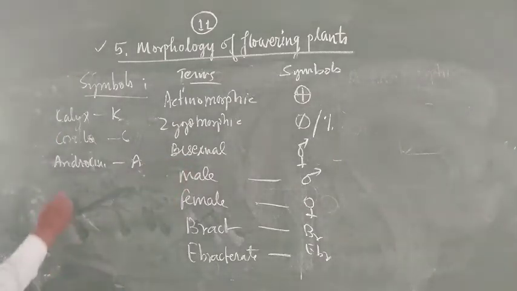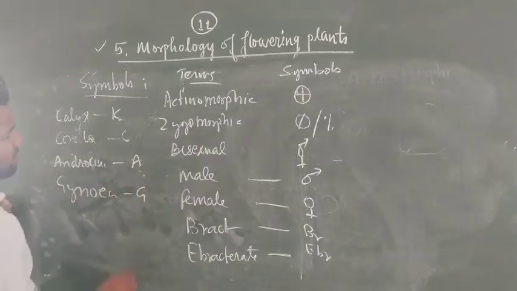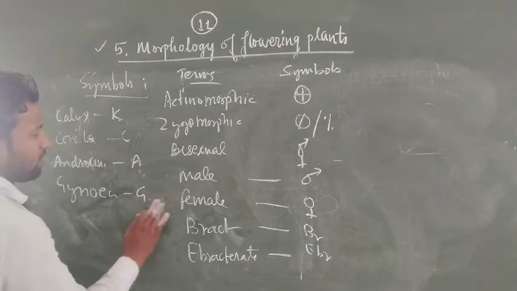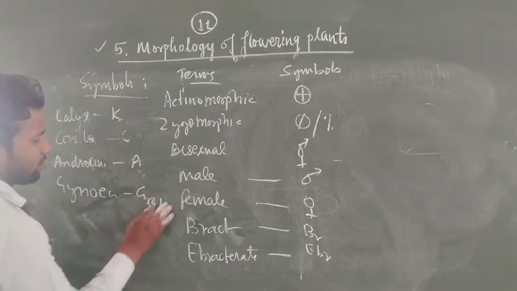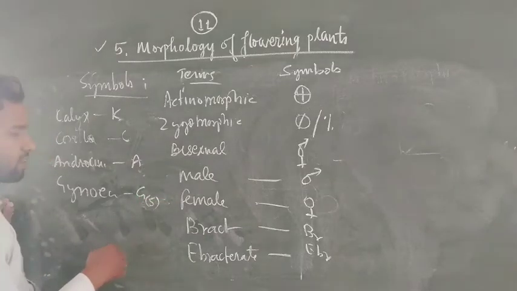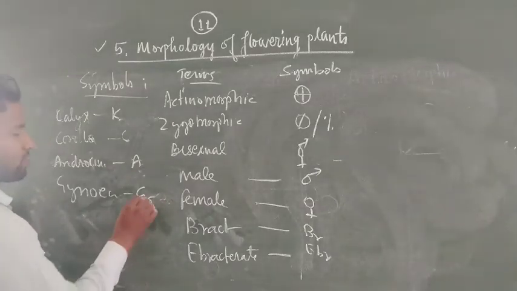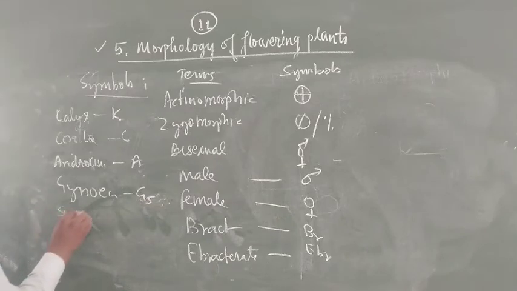Gynoecium is represented by G. Gynoecium may be 2 or 3. If 2, sometimes fused. If 4, sometimes fused. If 5, they are fused. A bracket represents the fused situation, and no bracket represents the free situation. Now superior and inferior ovary.